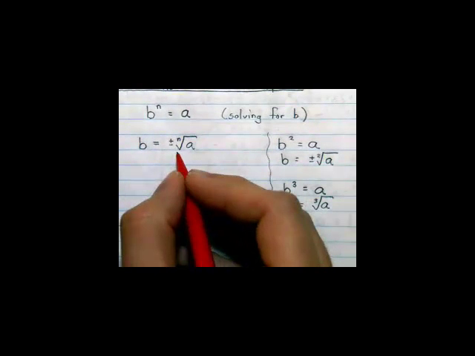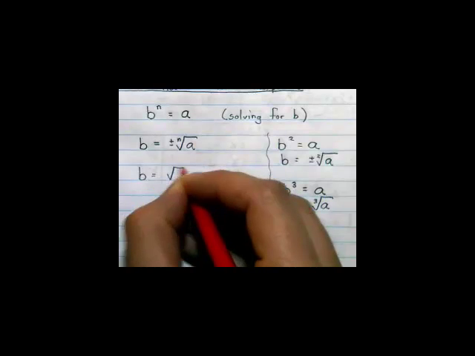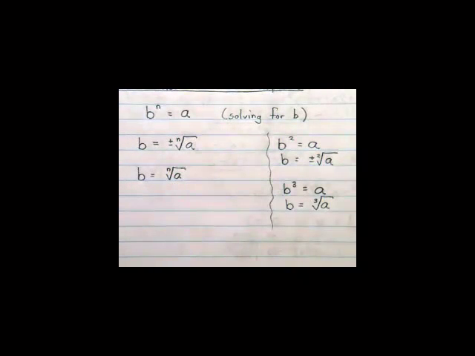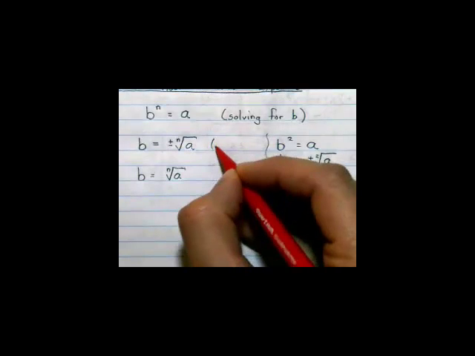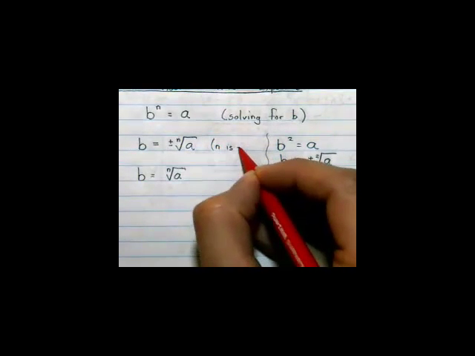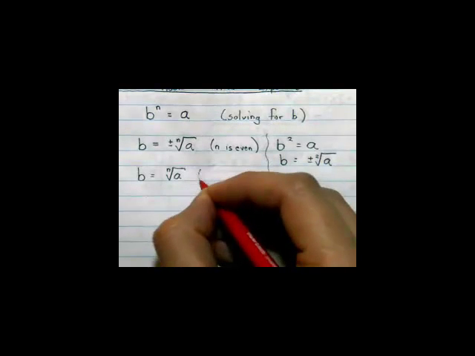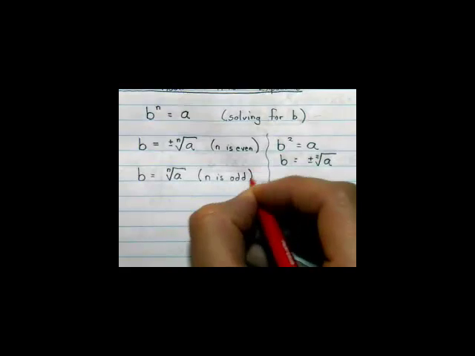So we've got this situation where it's a plus or minus, and then it could be just the nth root of a. Now, this kind with the little plus or minus is if n is even, like 2, 4, 6, 8, etc. And this kind is if n is odd.